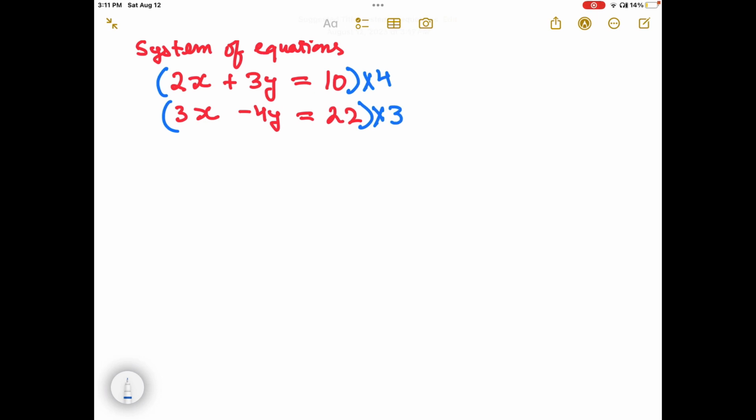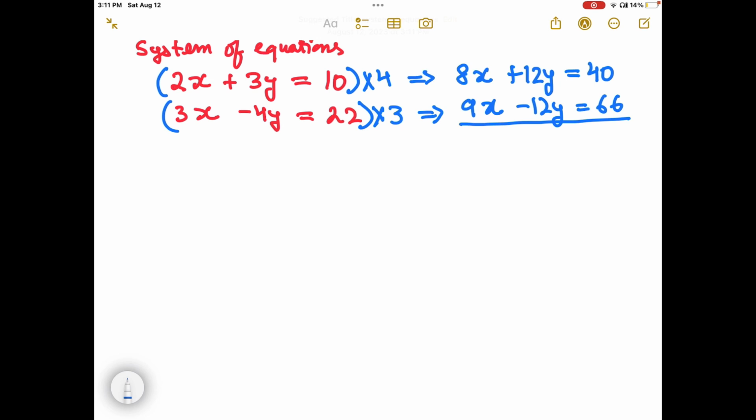What do we mean by multiplying the equation? We multiply each of the terms by 4. So this becomes 8x plus 12y is equal to 40. And this one becomes 9x minus 12y is equal to 66.